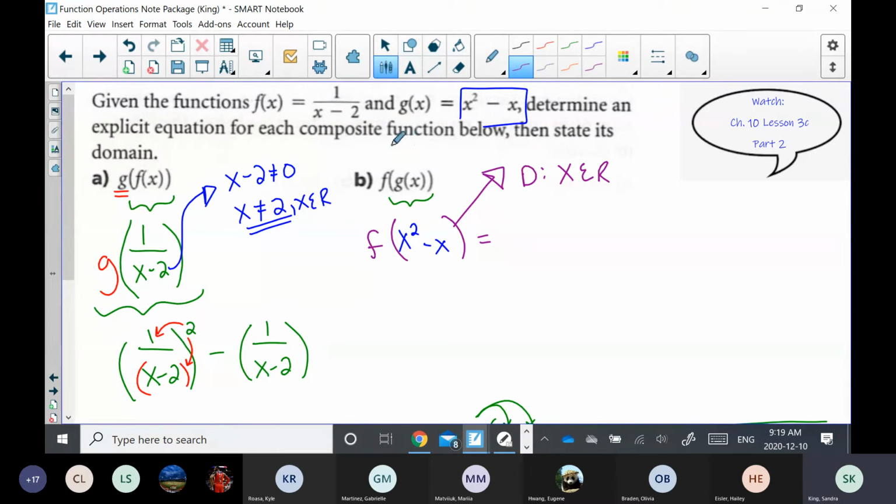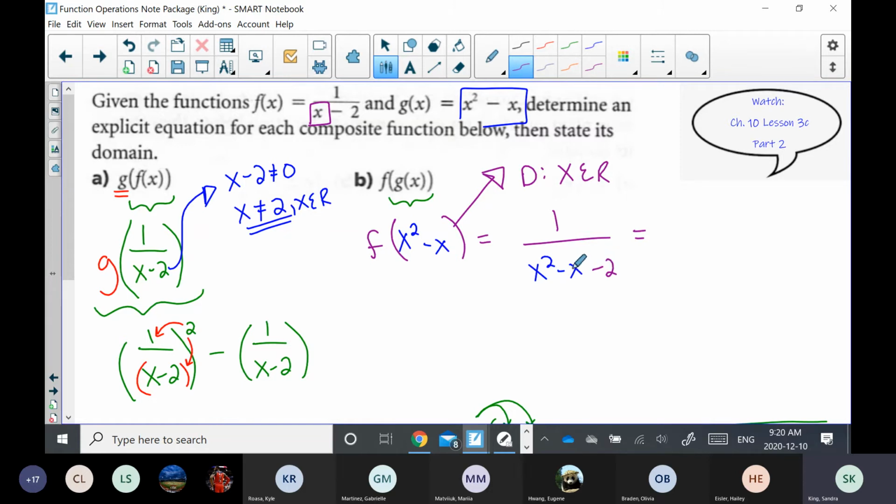So what I'm going to do is that would be 1 over, take x out and put in x squared minus x. And then there was a minus 2 at the end. That is the explicit equation, but we need to find the domain of this. In order to find the domain, we need to find, are there any restrictions? We can't divide by 0.